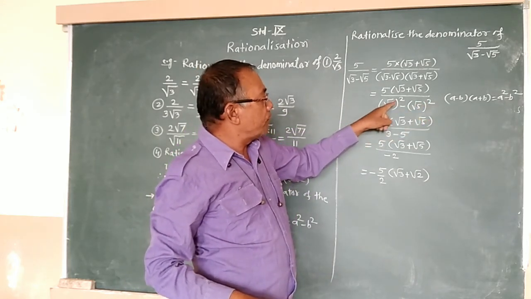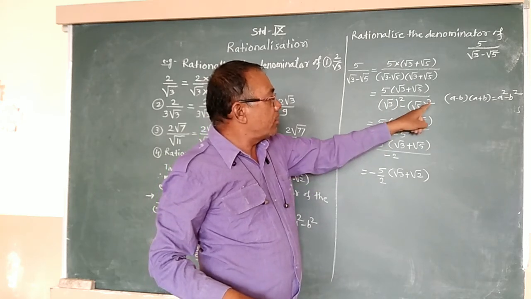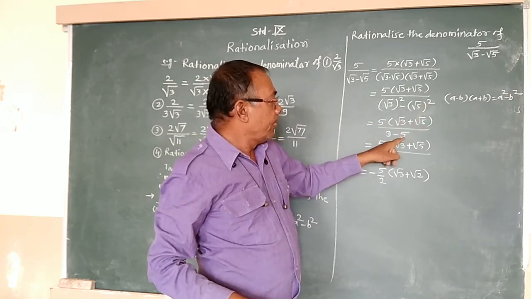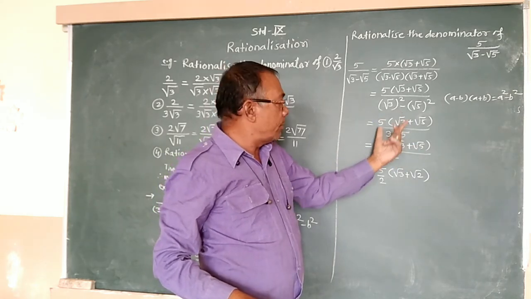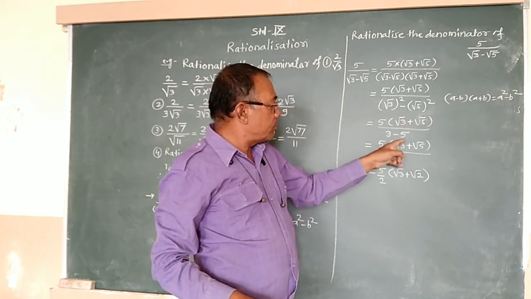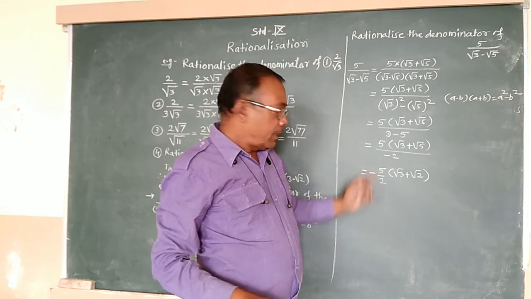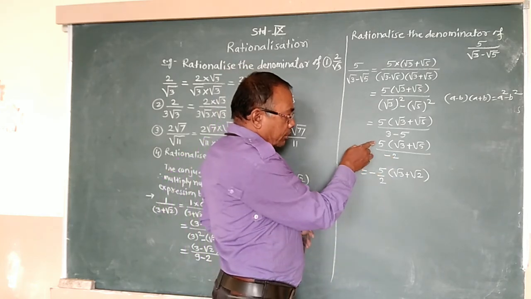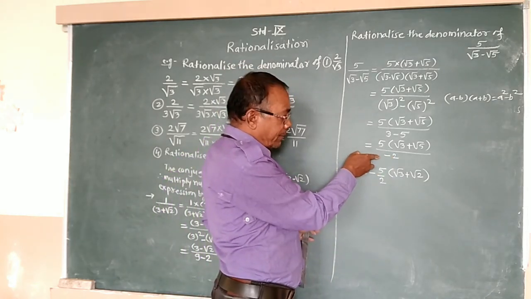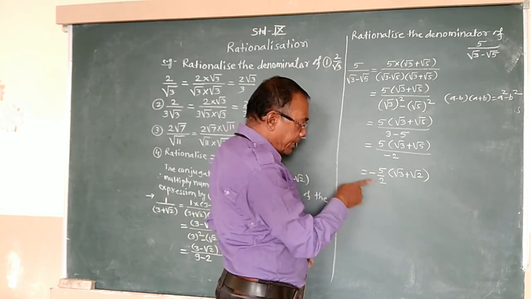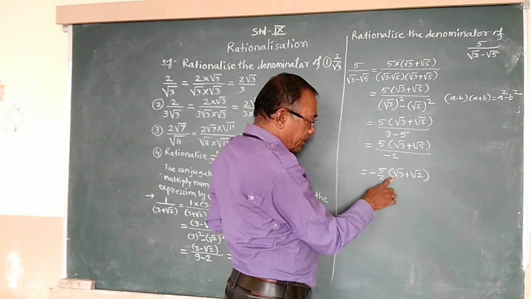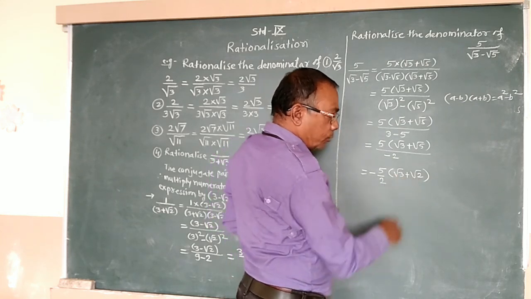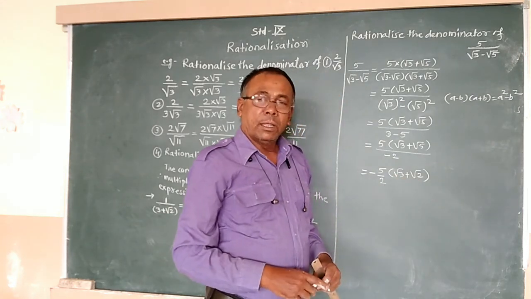Here the square of root 3 is 3 and the square of root 5 is 5. So 5 into root 3 plus root 5 is the numerator, written as it is, and 3 minus 5 will be minus 2. Here the numerator is positive and the denominator is negative, so the whole quantity is negative, and therefore minus 5 upon 2 into root 3 plus root 5 is our answer.